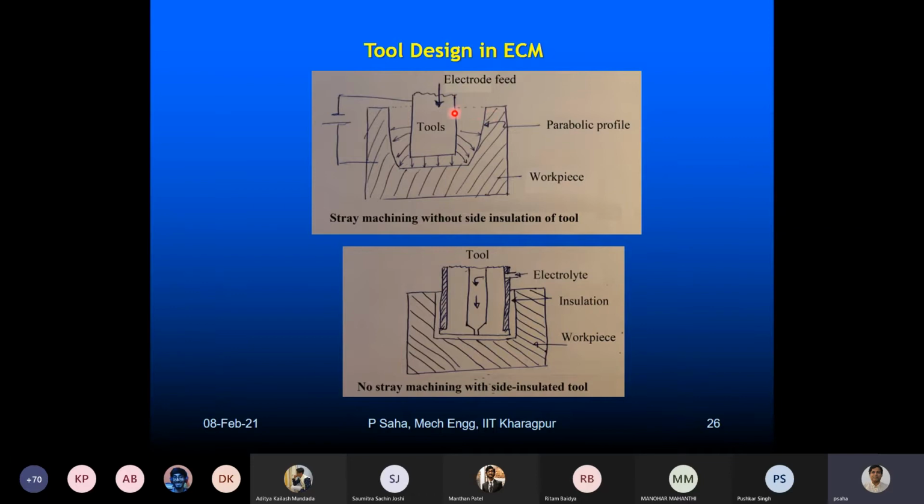The question is, with the passage of time, should we get a straight face on the job? There will be a little side machining. It may not be so much, at least it is shown that way in the picture. But of course, at any point of time, there is a little more gap than the dimension of the tool as it goes down. But as the tool goes down, the side walls are also conductive.